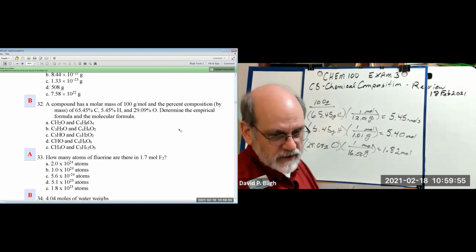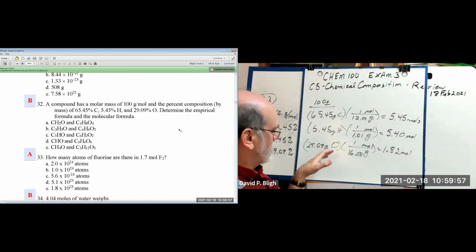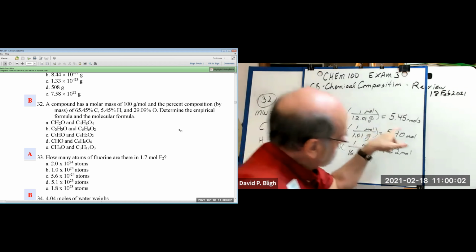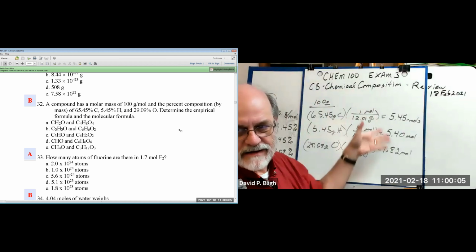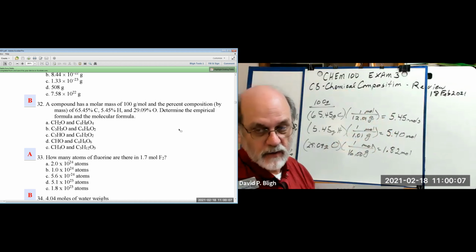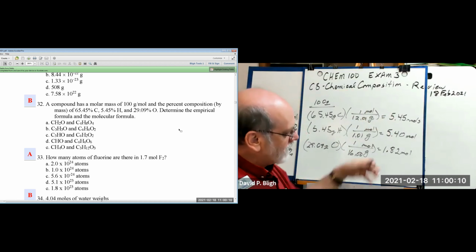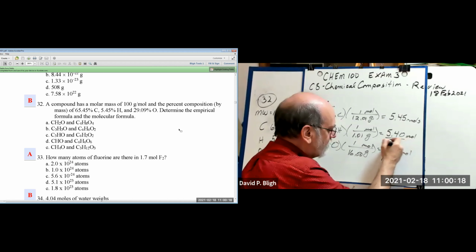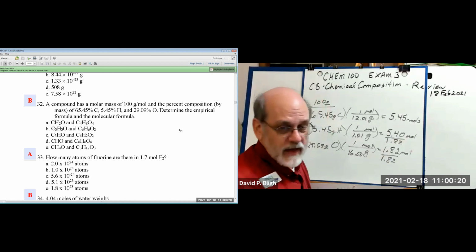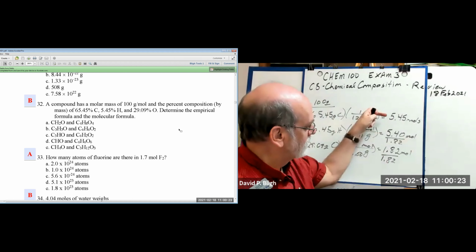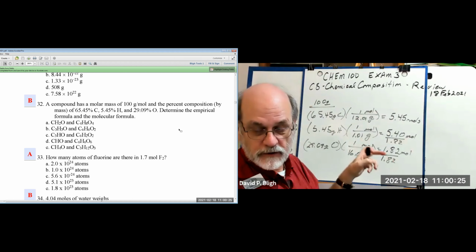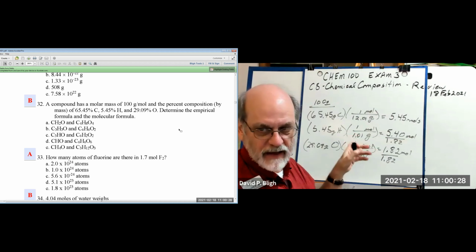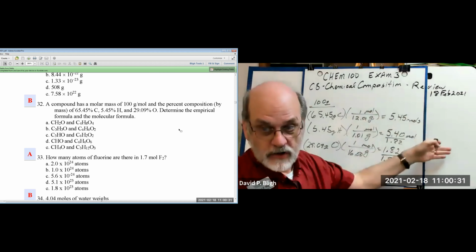Okay, so here's a case where, is that reasonable? Yeah, okay. Here's a case where we don't have an easily definable ratio like we did before. So we need to divide them through by the smallest one. And we can do that because we've established the mole ratio, that much to that much to that much. So if we do the same thing to every one, divide, multiply, it doesn't matter, then the ratio still is valid.